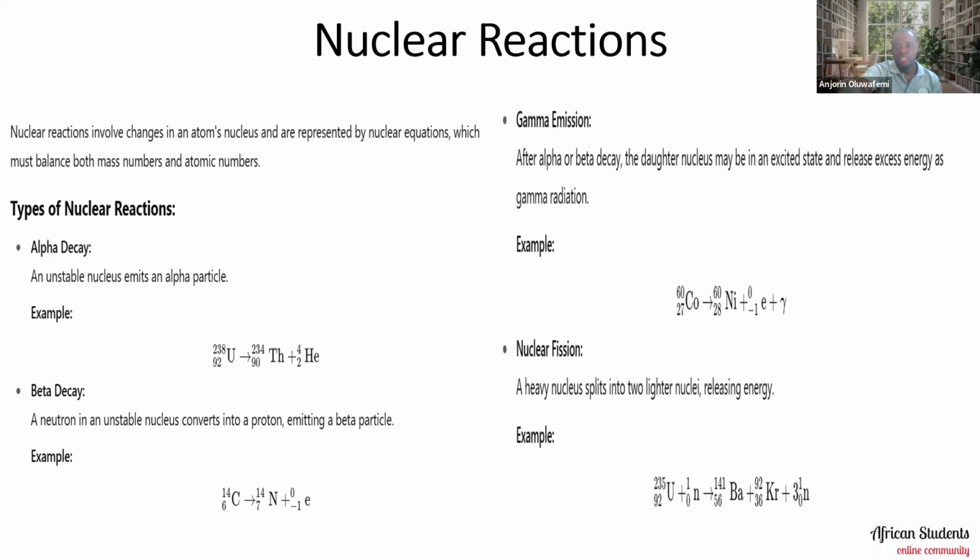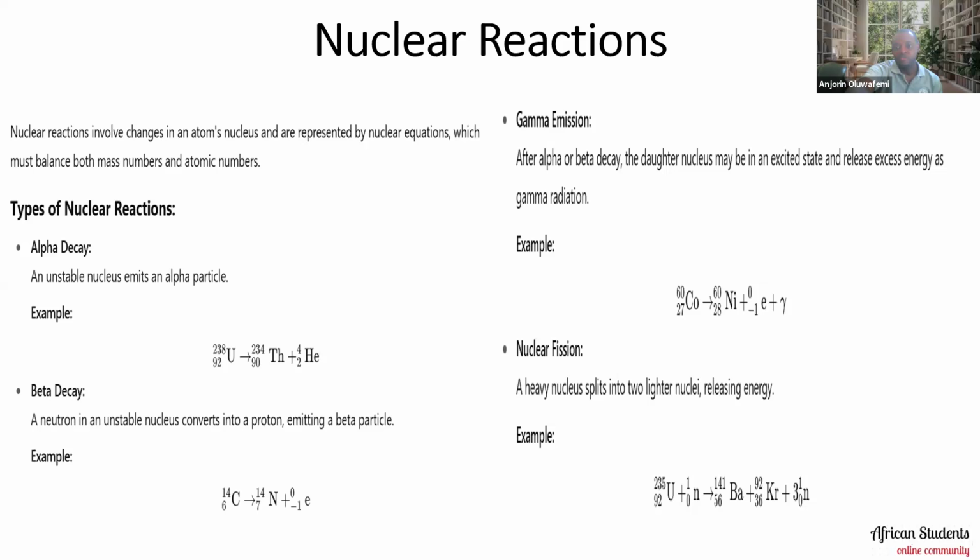But the gamma emission does not really have so much effect, because, like we said, it doesn't have a mass number, it doesn't have an atomic number, it doesn't have a charge, it's neutral, so to speak. But it accompanies the decay.